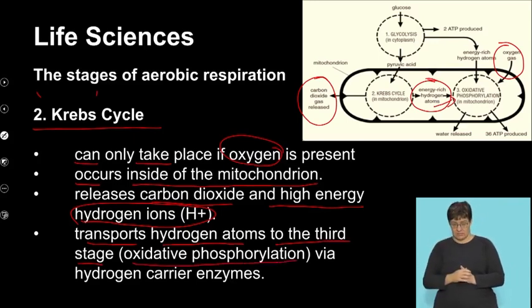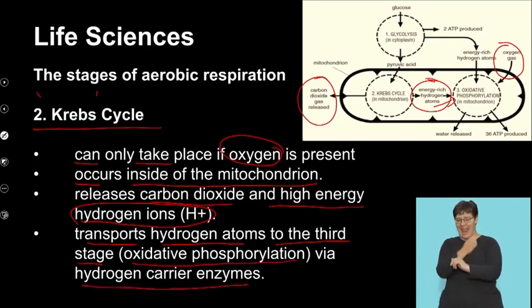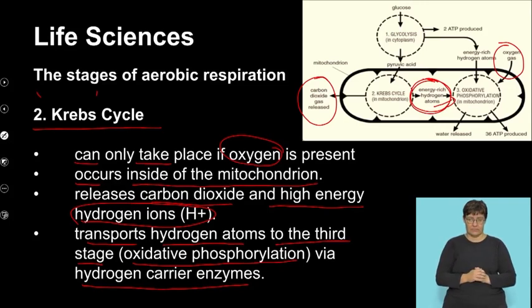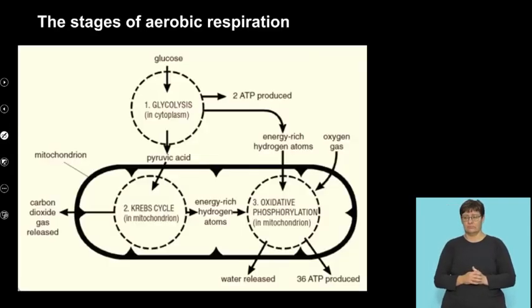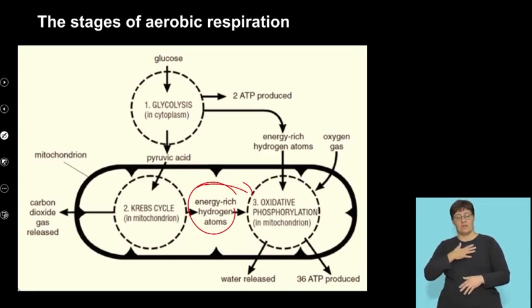And that happens through energy carrier enzymes. So we've got these hydrogen-rich atoms carried through by a complex molecule into the next stage. Right, and so we're seeing this further again, moving into the oxidative phosphorylation reaction.